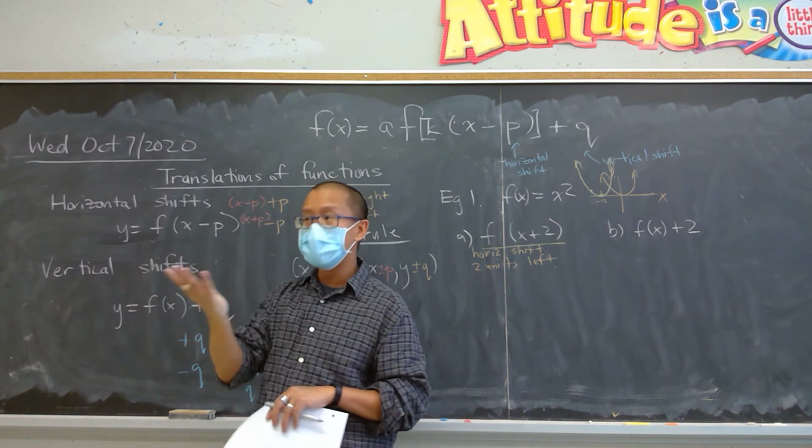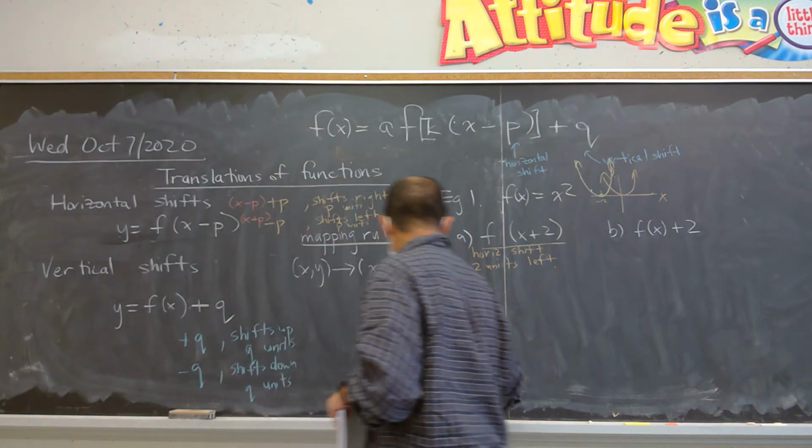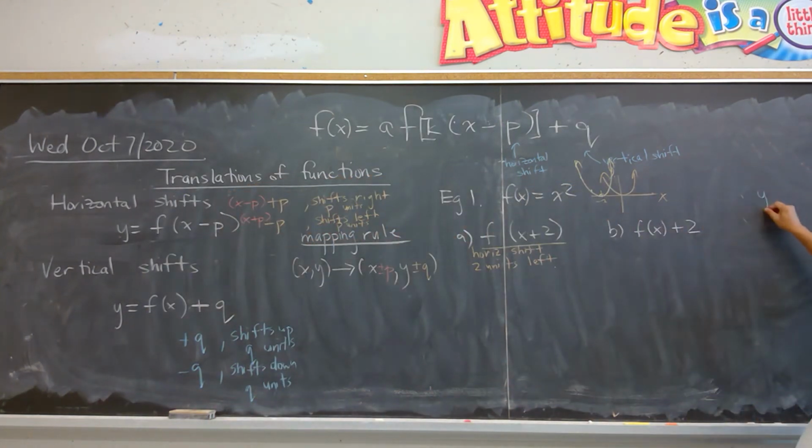Anything that you'll see in a moment when I give you an equation, for example, like this, you should be able to tell me right off the bat, even though you might not know what it looks like. This is a horizontal shift left 2 units.